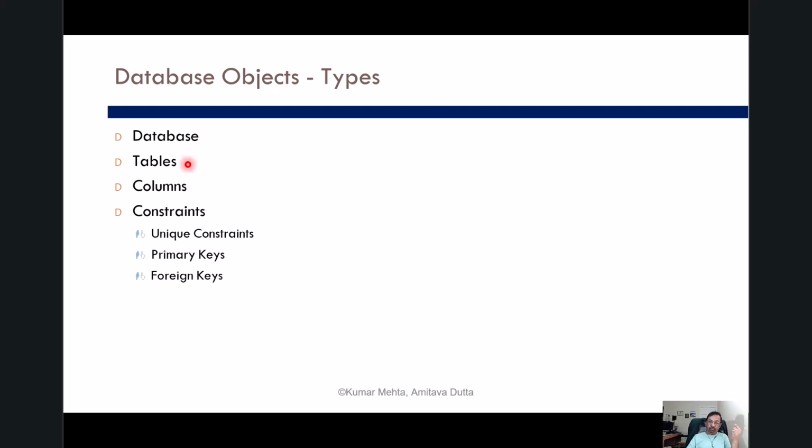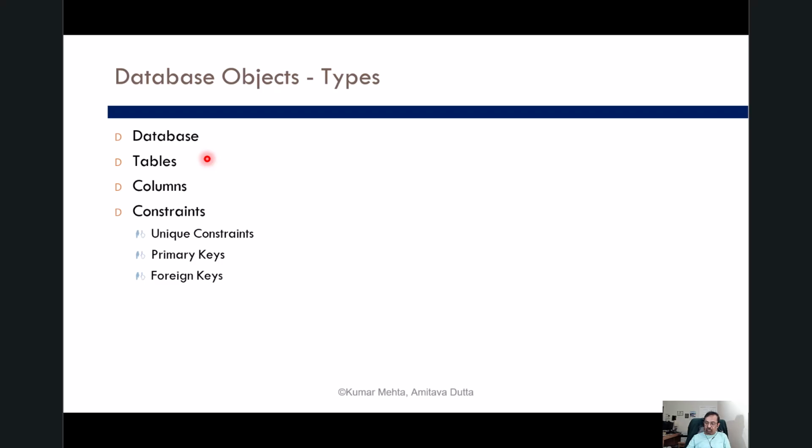Another type of database object that you will create is the table. A database consists of, as I said, we were talking about relational databases. That's the standard data model that we are using. Since a database is a collection of related tables, one of the objects that you will need to create is a table.